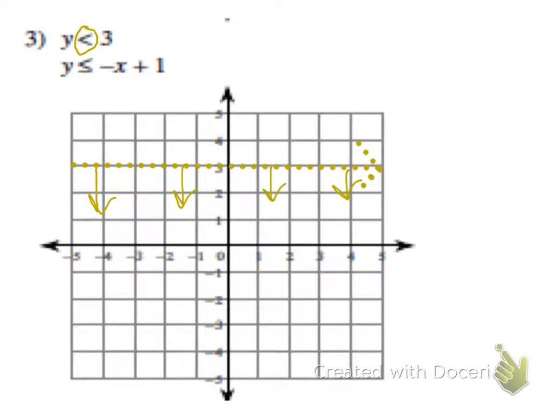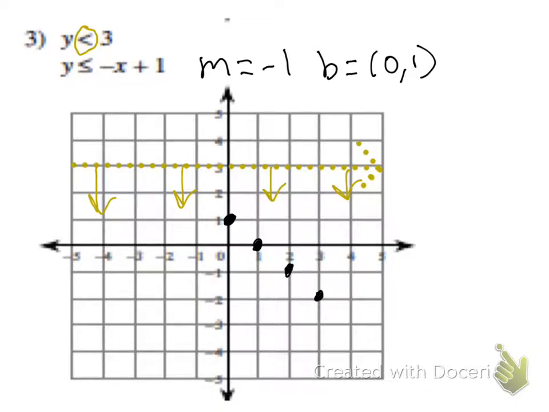My second line, nice enough, is in slope-intercept form again. As you can see, I'm going with black and gold anchored down. My slope is -1, my y-intercept is 1. Plot my y-intercept. I'm down 1, right 1, down 1, right 1, down 1, right 1.